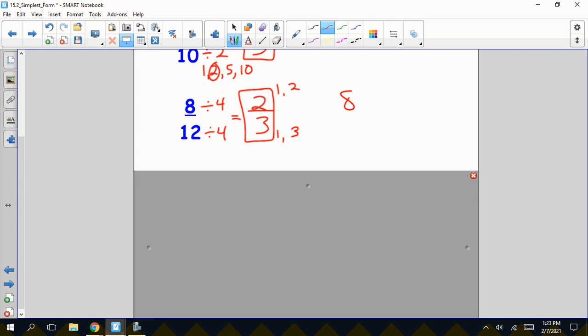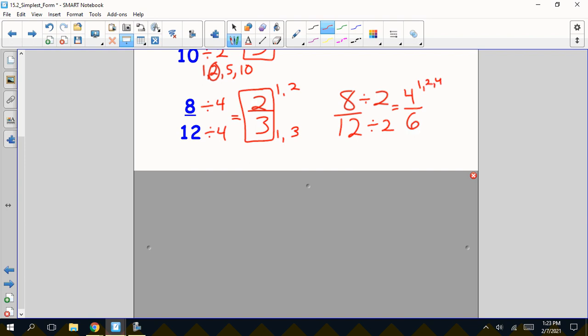Now, if I didn't use 4 and I used 2 instead, 8 divided by 2 is 4. 12 divided by 2 is 6. If I think of numbers that give me 4, 1 times 4, 2 times 2.